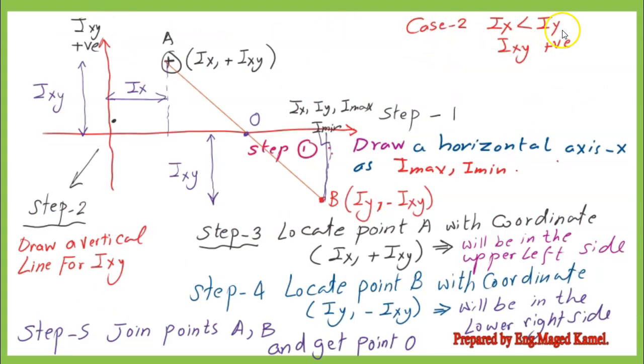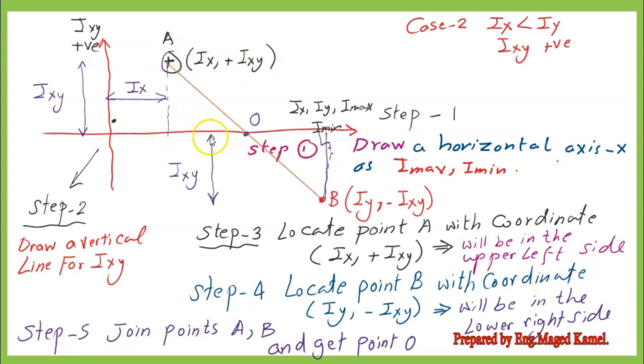These are the step-by-step procedures to construct Mohr's circle of inertia. Number 1, draw a horizontal axis representing Ix, Iy, Imax, and Iminimum. Number 2, draw a vertical axis representing Ixy in the upward position where Ixy is positive. Number 3, locate the point which has a coordinate of Ix, Ixy.